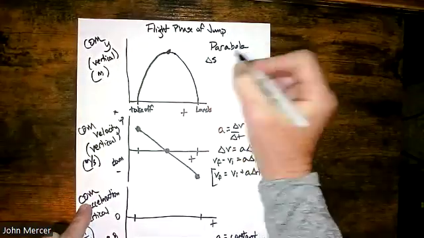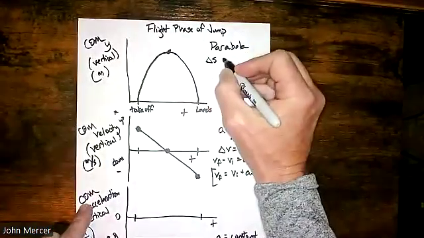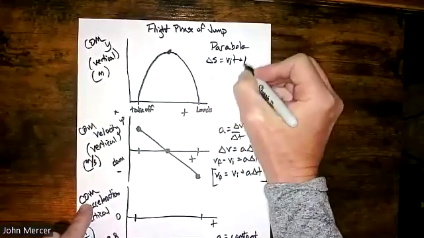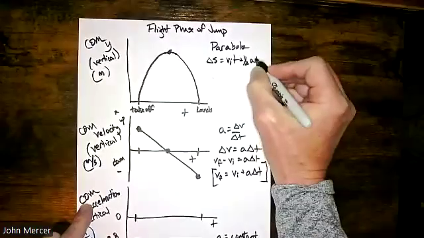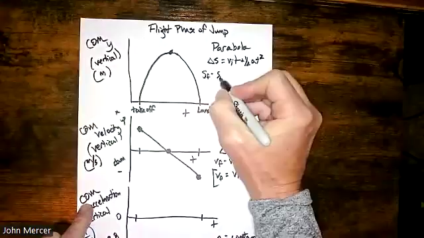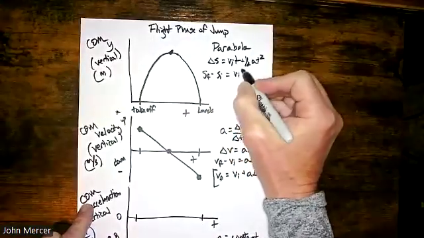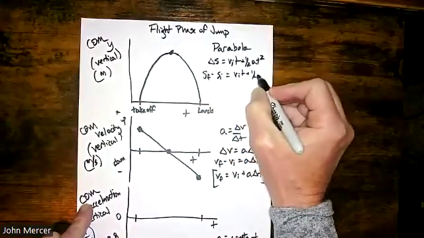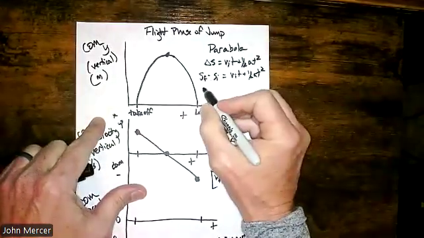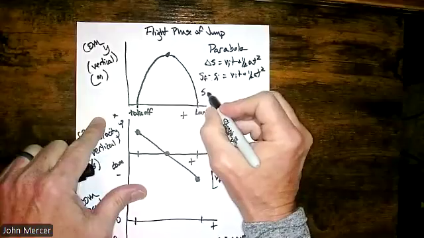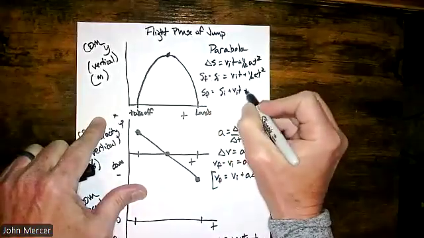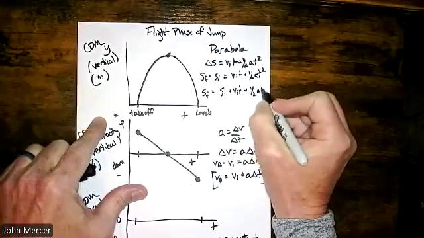First, delta S, the change in position, equals Vi t plus 1/2 a t squared, or final position minus initial position equals Vi t plus 1/2 a t squared. One more version of this: Sf equals Si plus Vi t plus 1/2 a t squared.